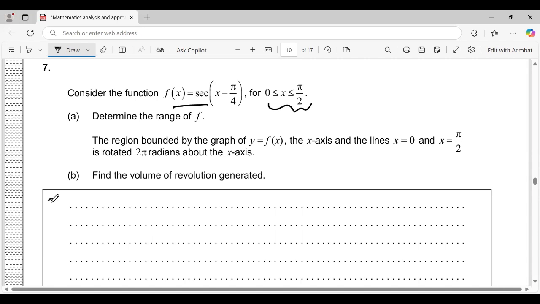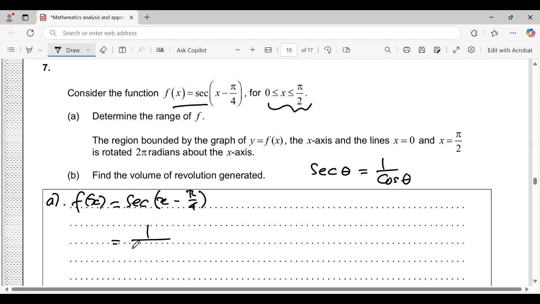I would like to change f(x) equals secant of x minus pi quarter. You know that secant theta is 1 over cosine theta. So secant of x minus pi quarter is 1 over cosine of x minus pi quarter.